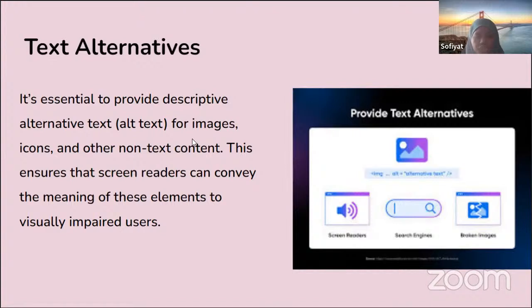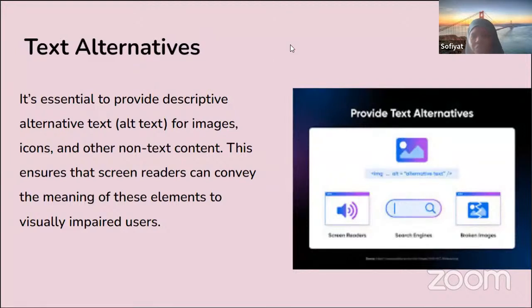It will tell you the meaning of the image. If there is an icon, it will let them know the kind of icon it is, and other non-text content. This ensures that the screen readers can convey the meaning of those elements to visually impaired users. That is what the text alternative is.